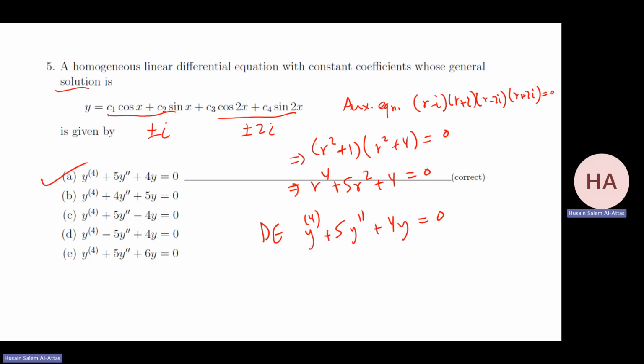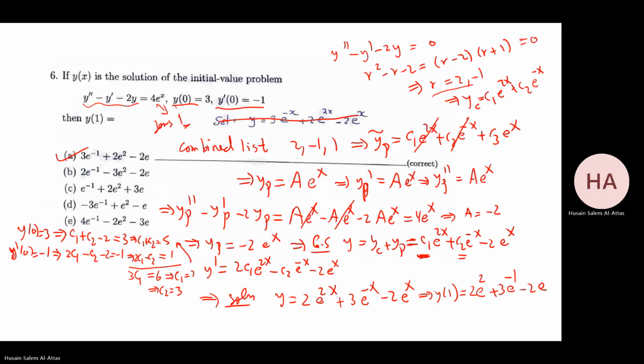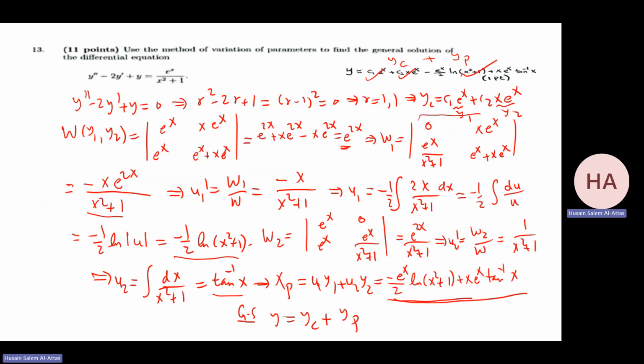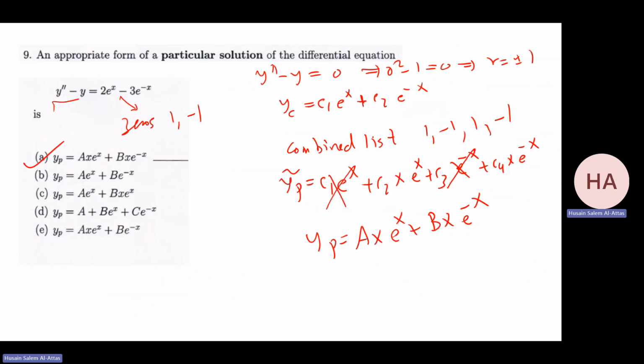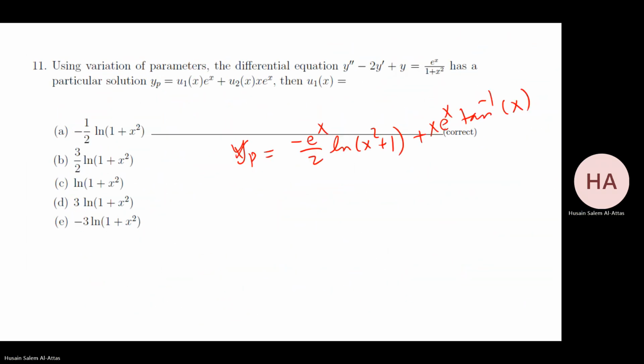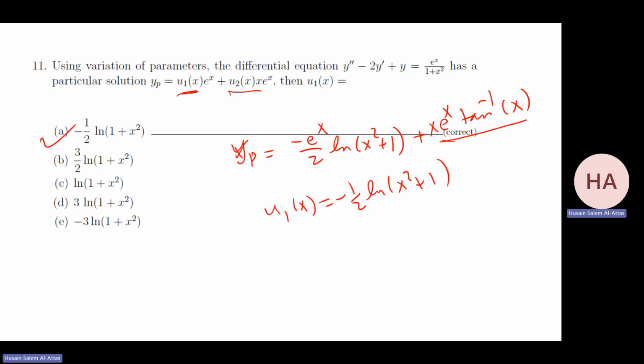Yes, x tan inverse of x. What do they want? I need u1 times this, so u1 of x will be minus half ln of x squared plus 1, which is this one. Yeah, I think that's all.